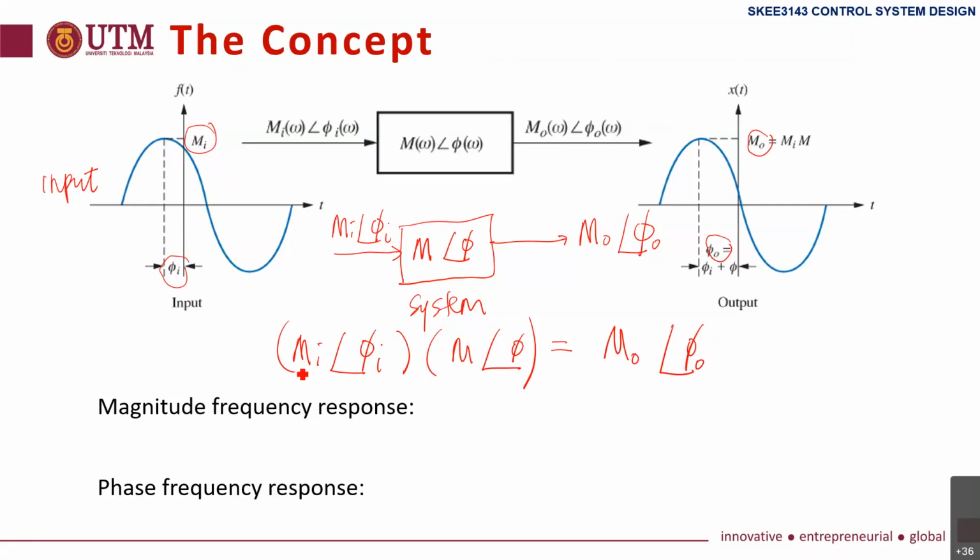If we manipulate this, we know that if we multiply two phasors, the magnitudes can be multiplied as usual: M in multiplied with M, and the phase we add, phi in plus phi.